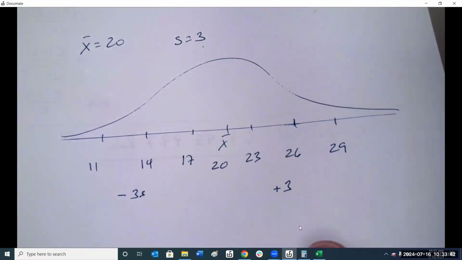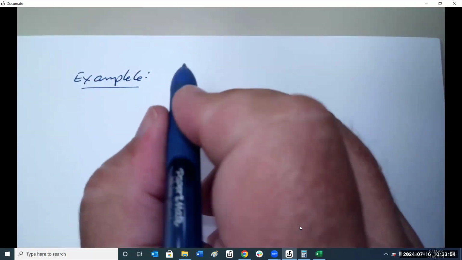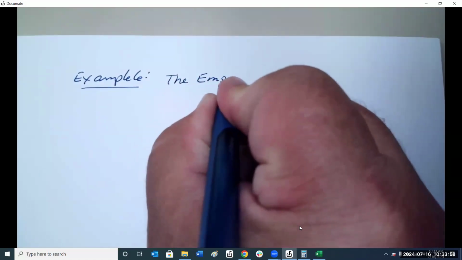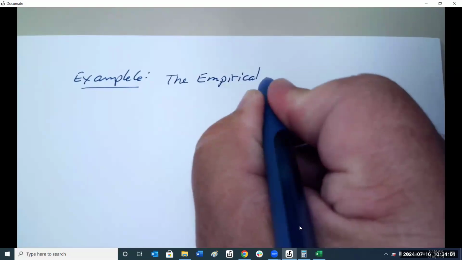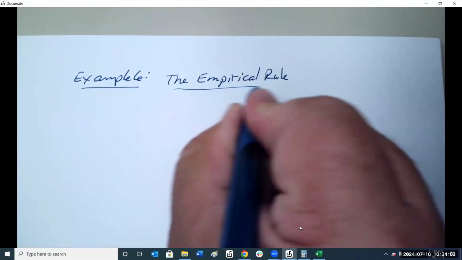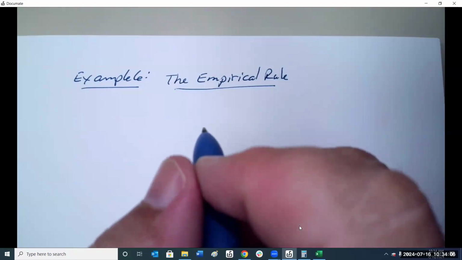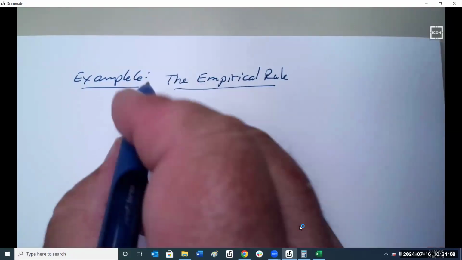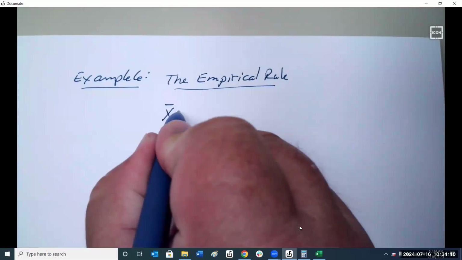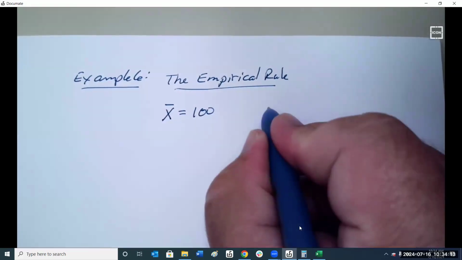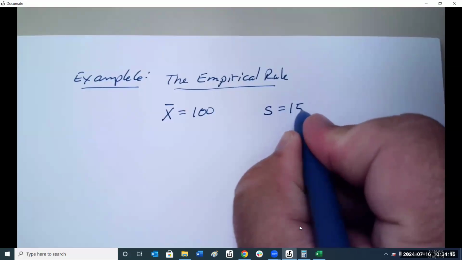Let's look at example 6. Example 6 says the empirical rule. IQ scores have a bell-shaped distribution, meaning the mean is 100 and the standard deviation is 15.